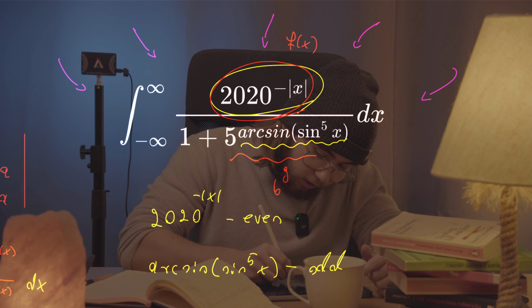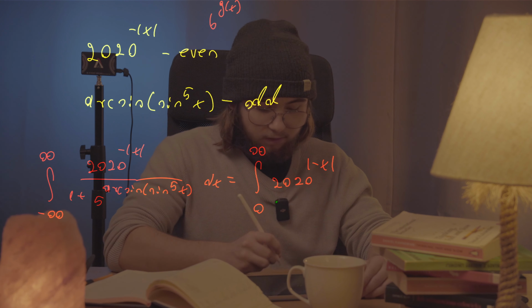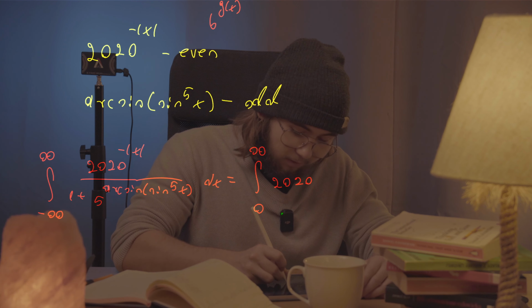And so it will all mean that I can just rewrite the integral from negative infinity up to infinity of that 2020 to the negative absolute value of x all over 1 plus 5 to the arc sine of sine to the fifth of x dx, as just the integral from 0 to infinity of 2020 to the negative absolute value of x dx.